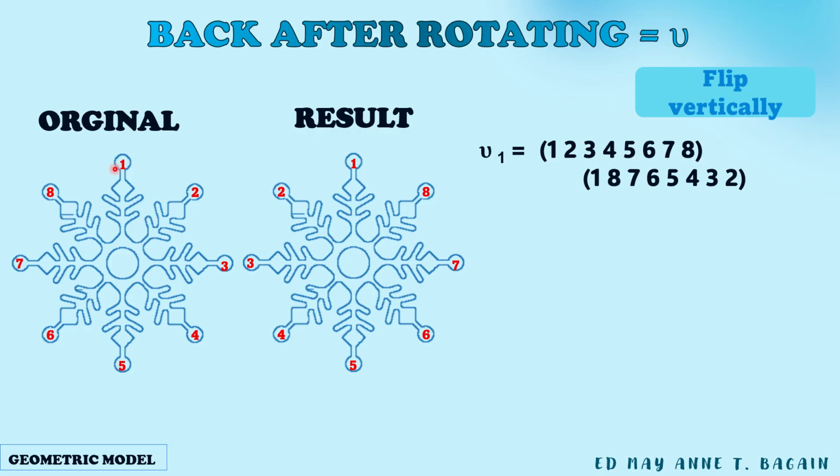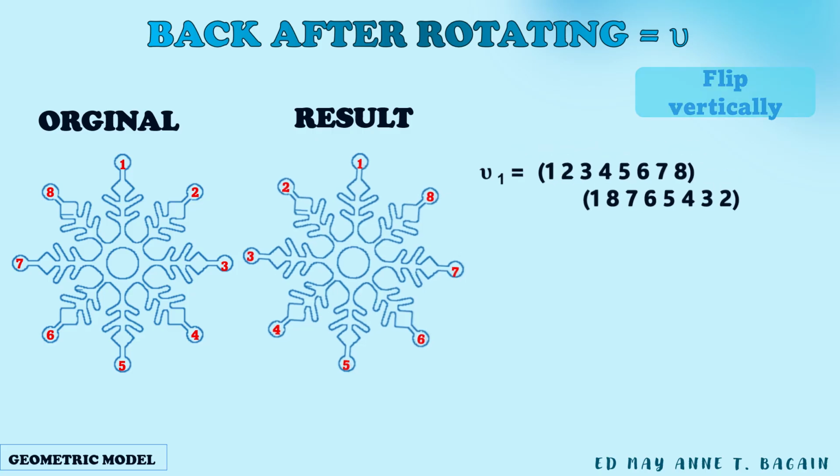From the original, we have 1, 2, 3, 4, 5, 6, 7, 8. If we flip it vertically for epsilon sub 1, we will get 1, 8, 7, 6, 5, 4, 3, 2. So instead of 1, 2, we will have 1, 8 because we flip it vertically.